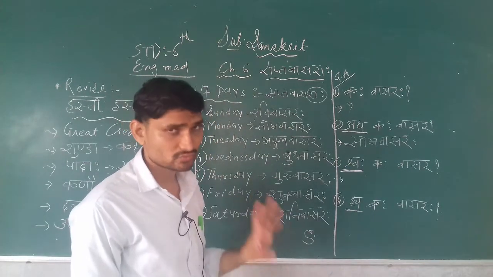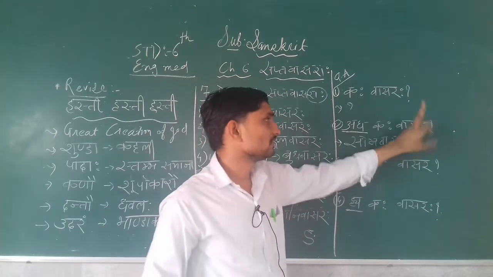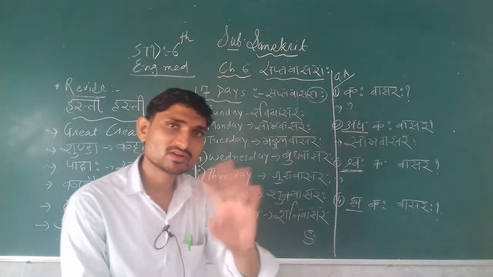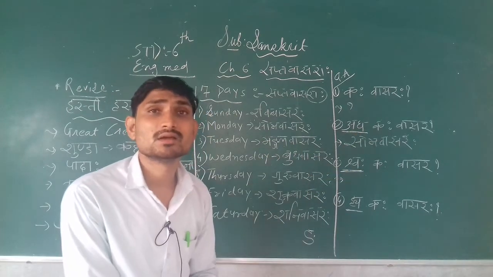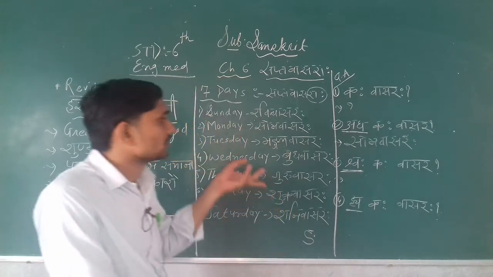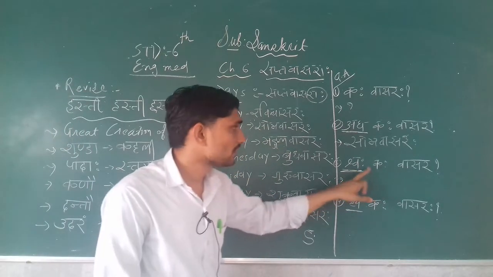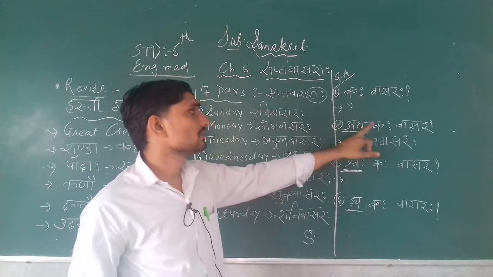If today is Somvar, Monday, then we have to say adya Somavasaraha. Okay. Adya Somavasaraha. For example, Mangalavasara, then adya kah vasaraha, then someone says adya Mangalavasaraha. Okay. This way. Downside, shwah kah vasaraha. Shwah means tomorrow, students.